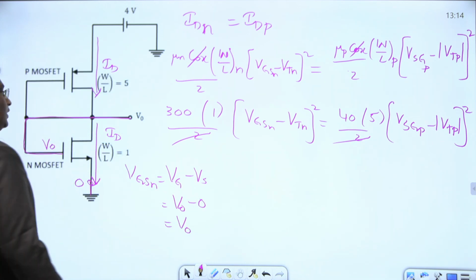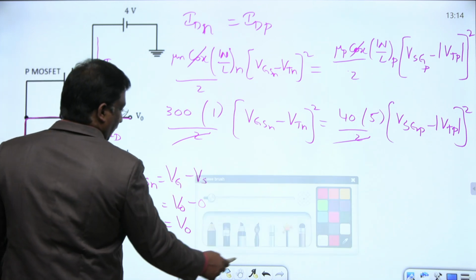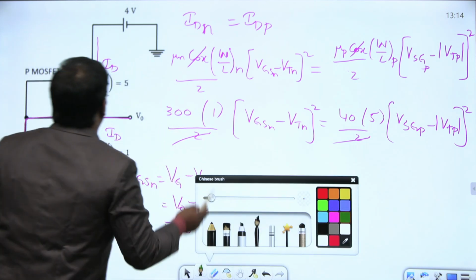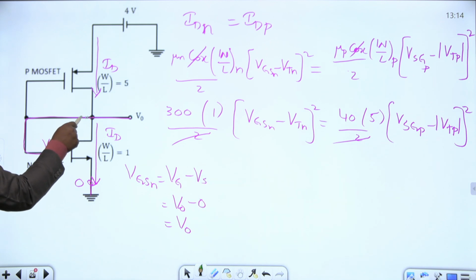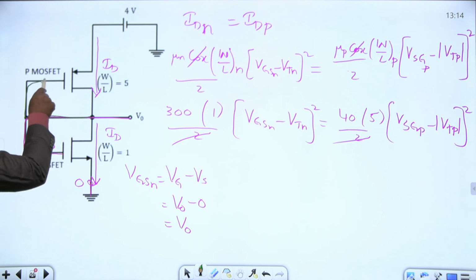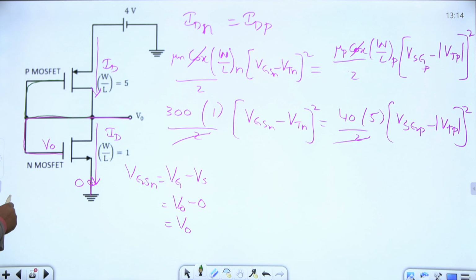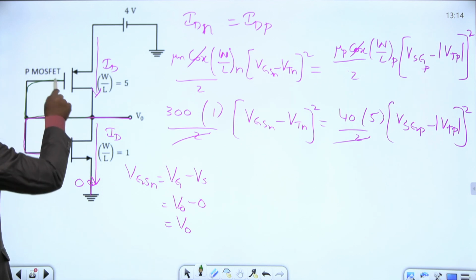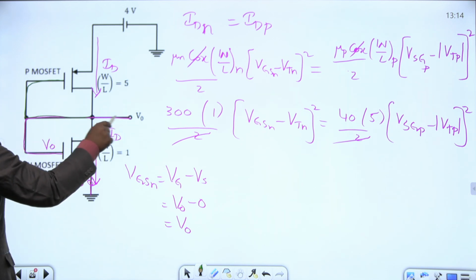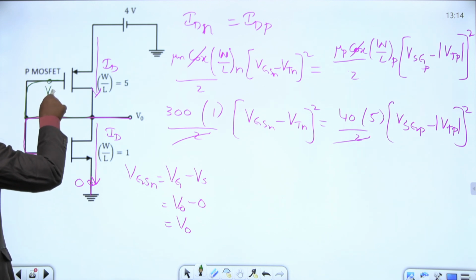Similarly, what is VSG of the PMOS transistor? For this also, the gate is connected to the drain, so this voltage is also V0 itself.